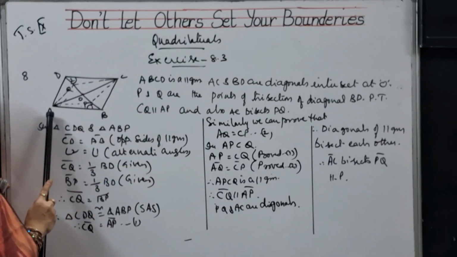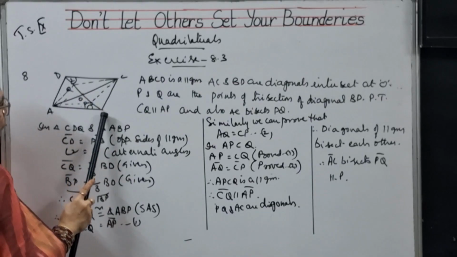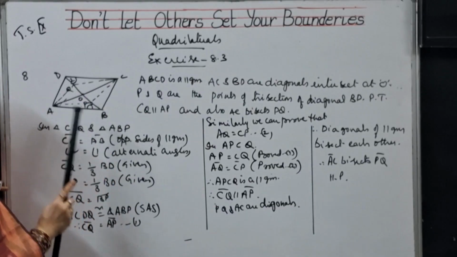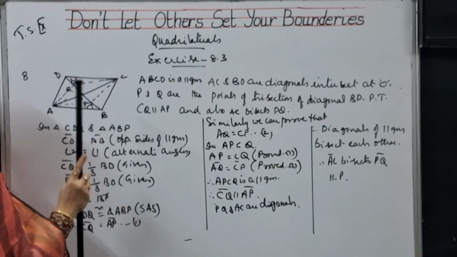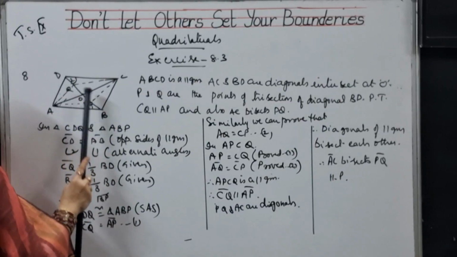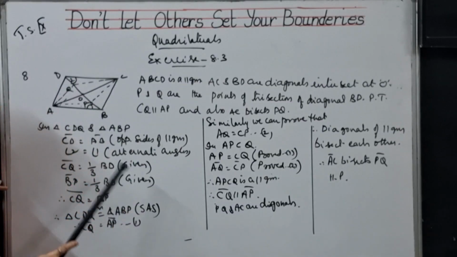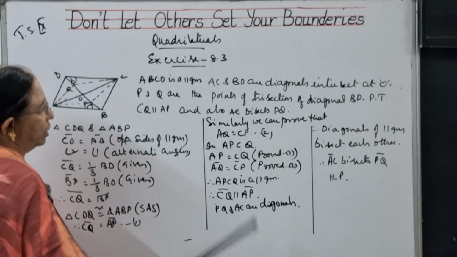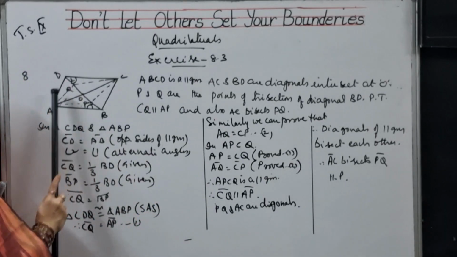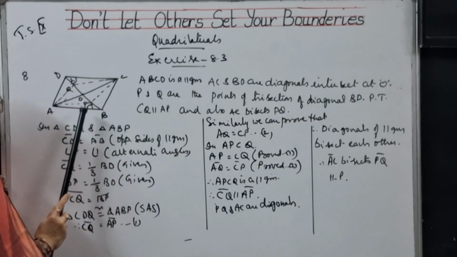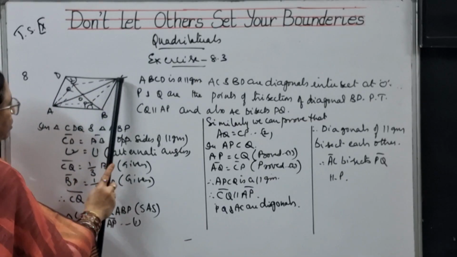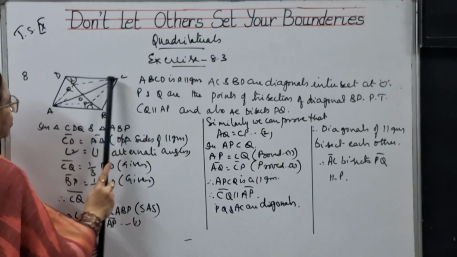Similarly, if you take triangle ADQ and BCP, same proof: opposite sides are equal, DQ is equal to BP, and alternate angles are equal. Same proof we will write. That is why I wrote similarly. We can prove that AQ is equal to CP. So in APCQ, we could prove that AP is equal to CQ and AQ is equal to CP.